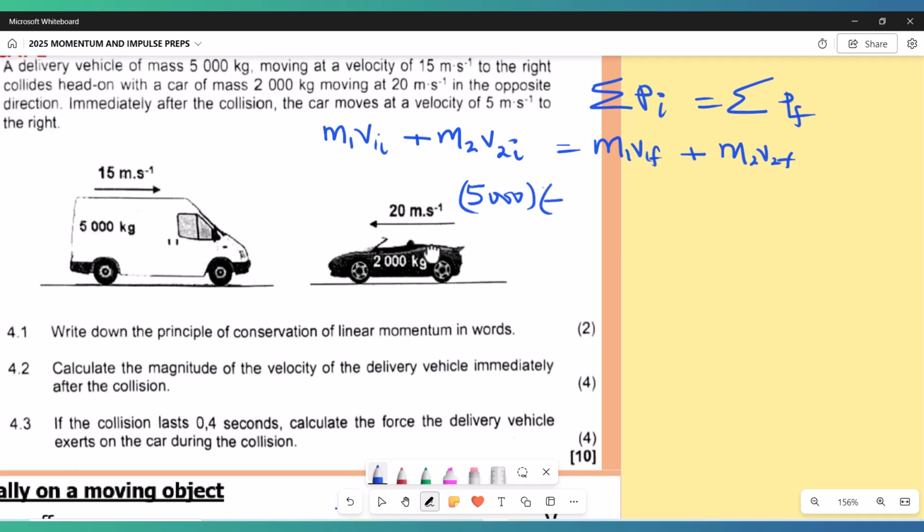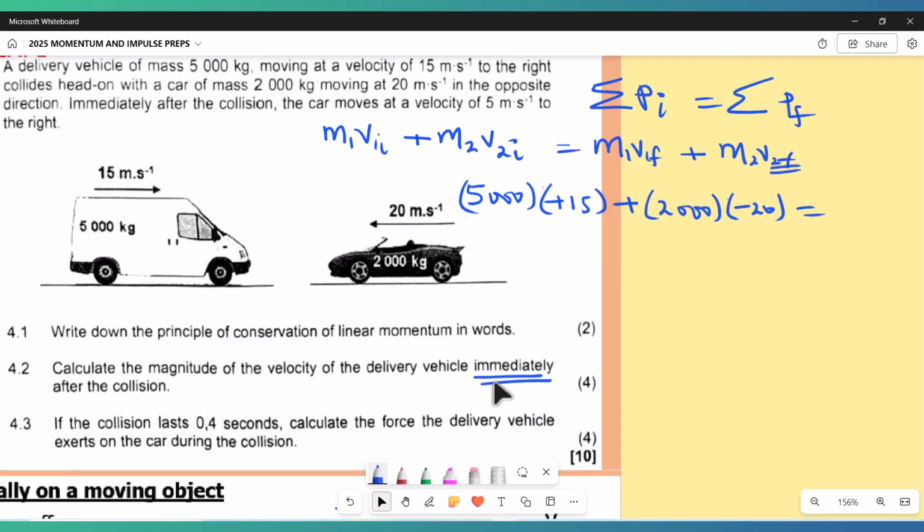Then plus the mass of this car, which is 2,000. As you can see, it's going to the left, so it's negative 20. This should give us the one after collision. Remember, we are looking for the velocity of the van immediately after collision, this final velocity.